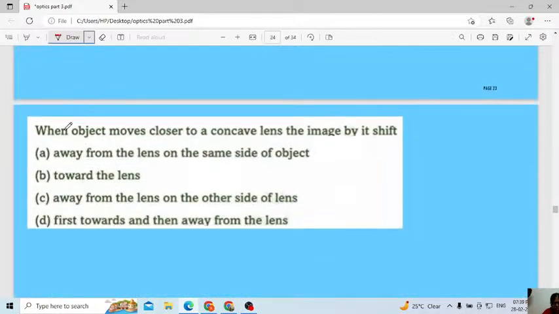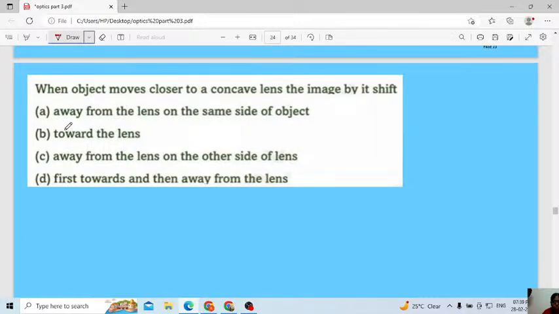Yes. Next question. When the object moves closer to a concave lens, the image will shift. Which side will it shift? Away from the lens on the same side of the object, towards the lens, away from the lens on the other side of the lens, first towards, then option D is wrong.